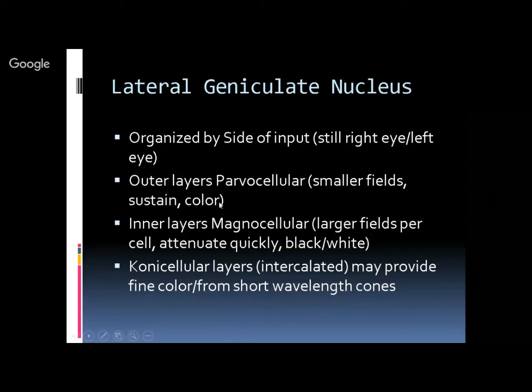Color is also represented in the parvocellular layer. The inner layers are the magnocellular layers, and they're more black and white. They attenuate quickly, and they have larger fields, so they're not as fine-grained. Koniocellular layers are in between and provide fine color, and they tend to get the projections from the short wavelength cones from the retina.